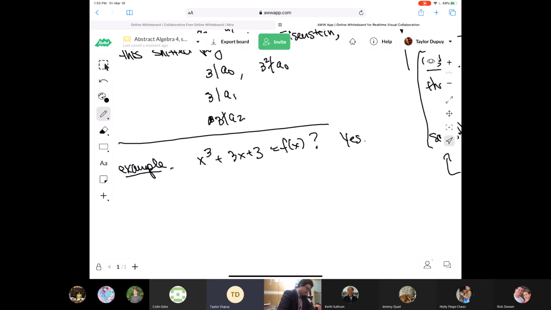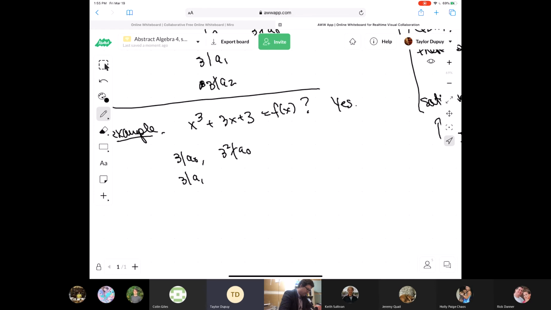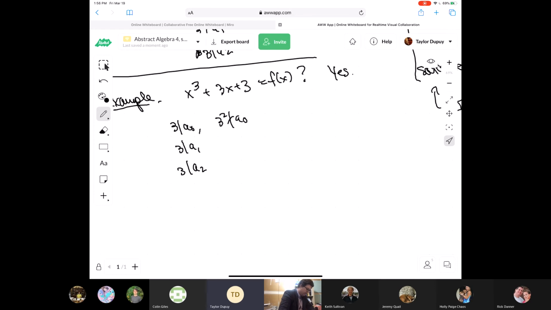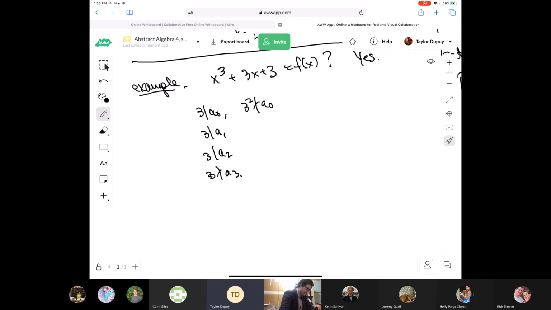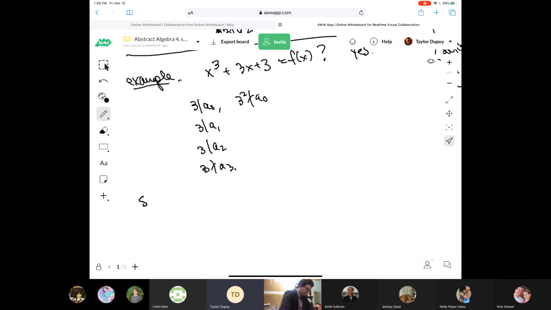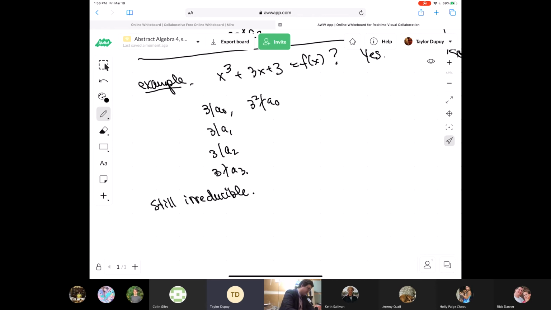So 3 divides A0. 3 squared does not divide A0. 3 divides A1. 3 divides A2. And 3 does not divide A3. So this is still irreducible. So you can have 0 coefficients.